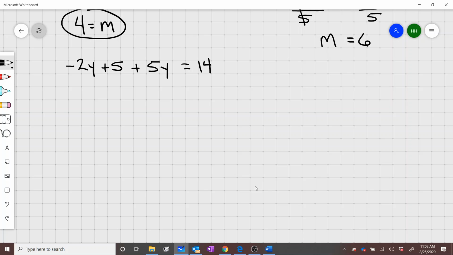And now we're going to combine our negative 2y and our 5y. And when you combine a negative 2y plus a 5y, you get 3y. The plus 5 falls down, and it's still equal to 14.